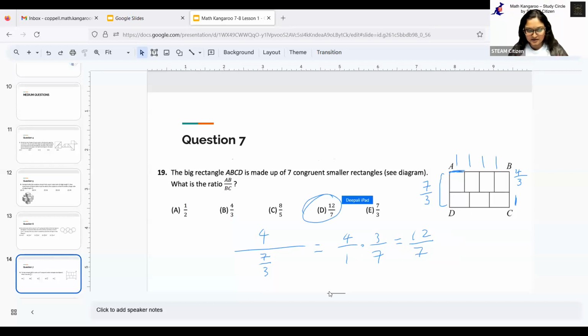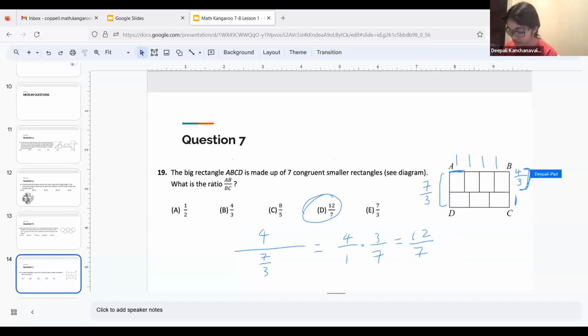Did everyone get it? Did anyone do it differently? So basically how Arav got that this side was 4/3 is he said that there's 4 of them on the long side, but there's only 3 of them on the short side.